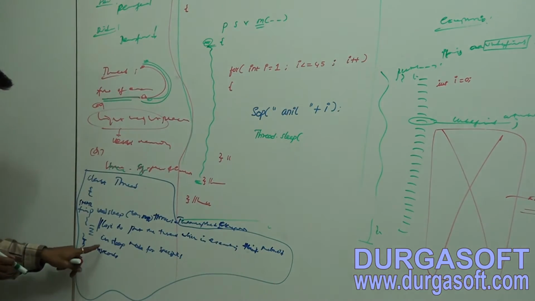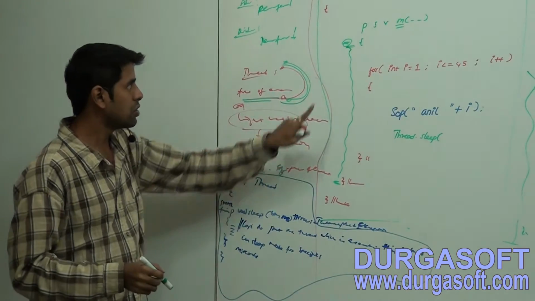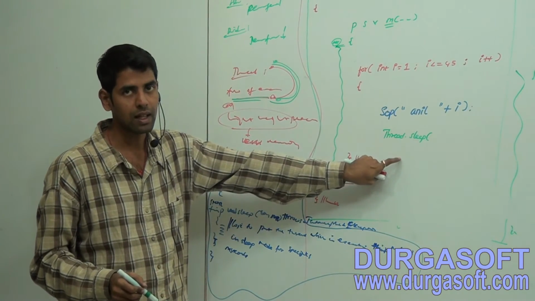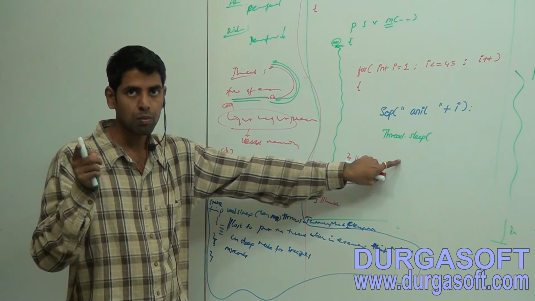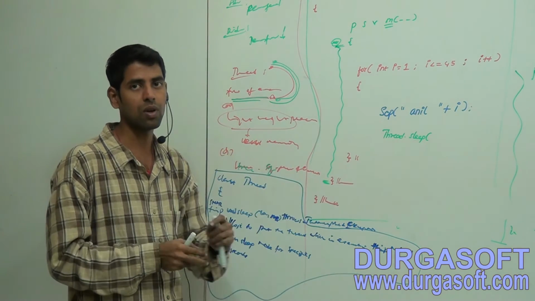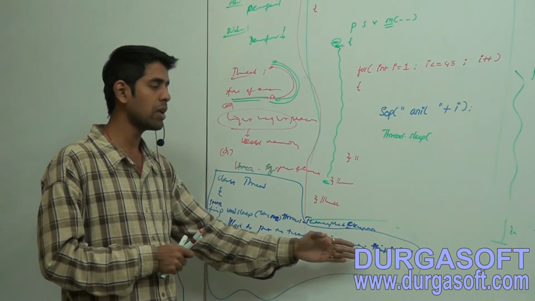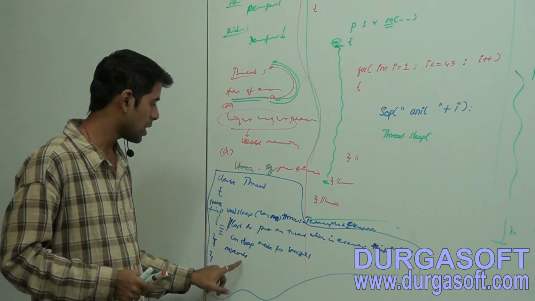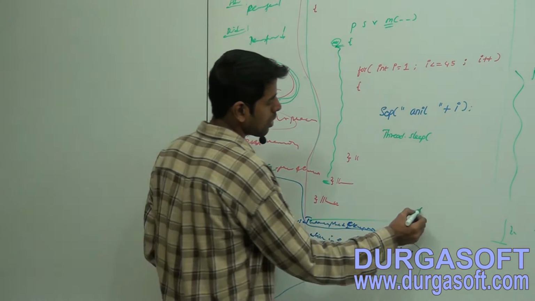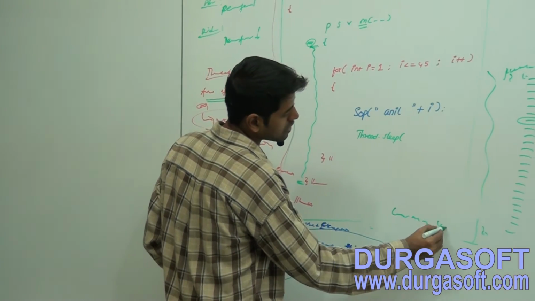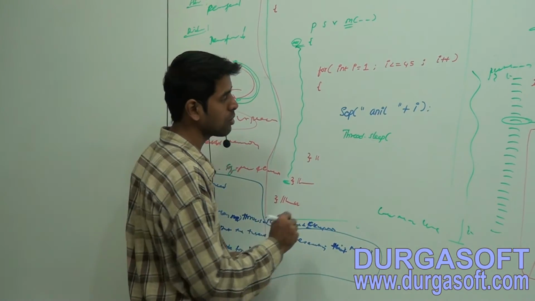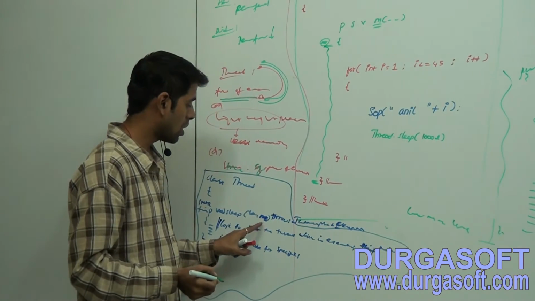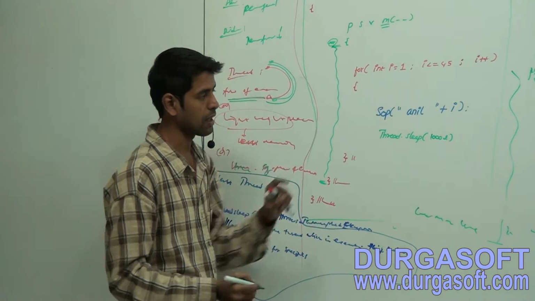Now what will it do? The thread which executes this sleep method will be put in sleep mode for the specified number of milliseconds. 1000 milliseconds is 1 second. Simple. Let me pass 1000L. This is a long literal.